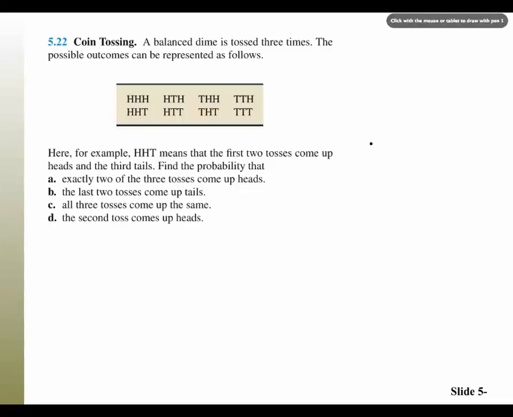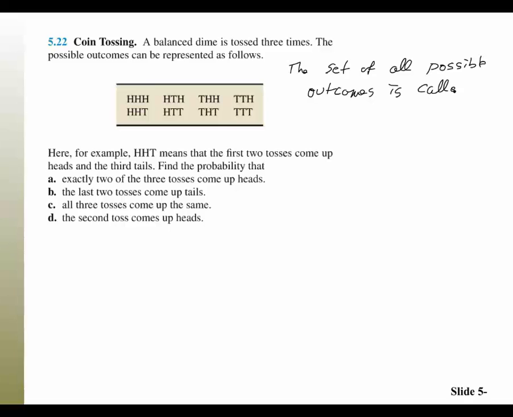All right, so this is called all possible outcomes, the sample space. So the set of all possible outcomes in a situation, or what we call an experiment, is called the sample space.